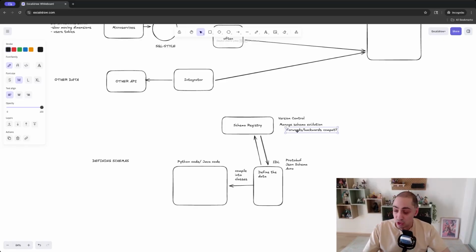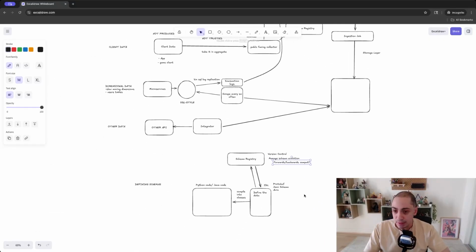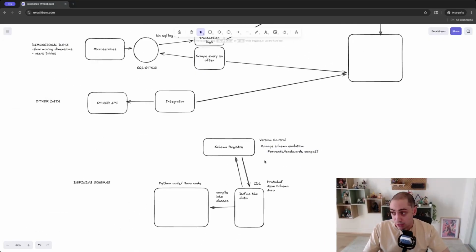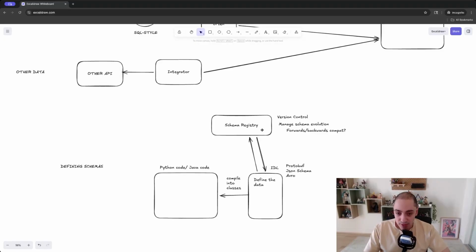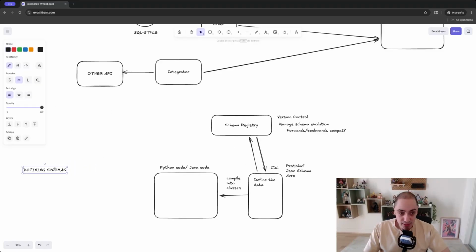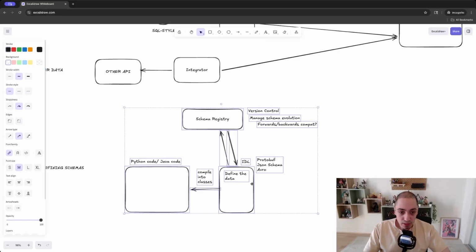You'll be strict about it sometimes. You'll be like, actually, we're only going to allow forwards or backwards compatible. It depends a lot on how your things work down here. Likely, you're just going to want additions and you're not going to want deletions. That's the primary thing that you're going to want to restrict, which means you'll want to be forwards compatible in this case. And so you'll register these schemas through this structure here. And that's kind of how this works.